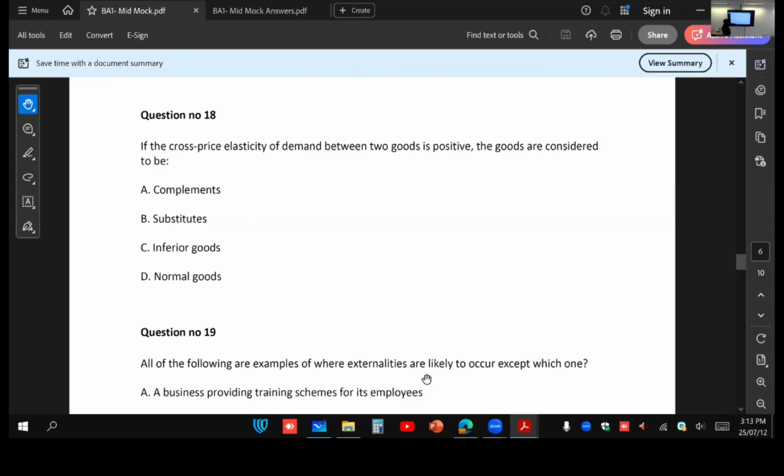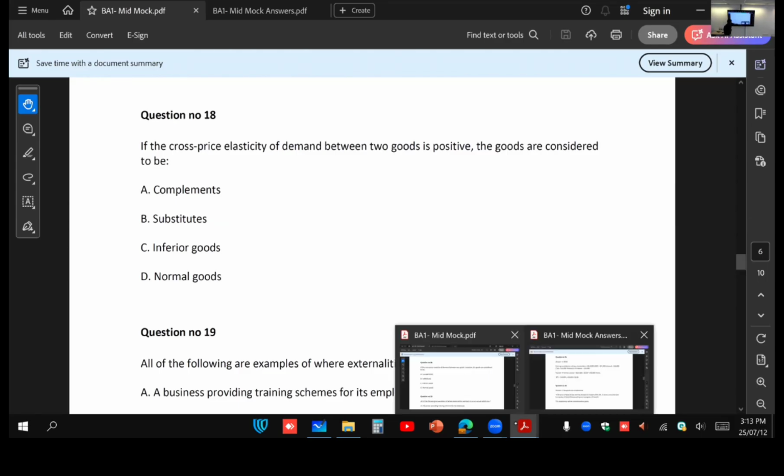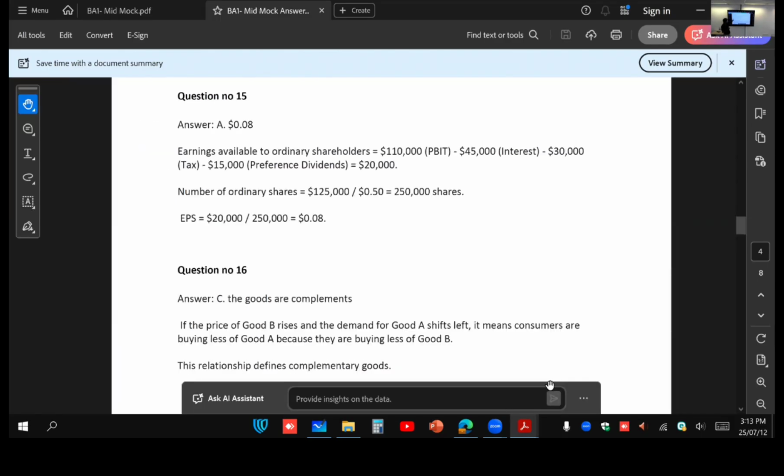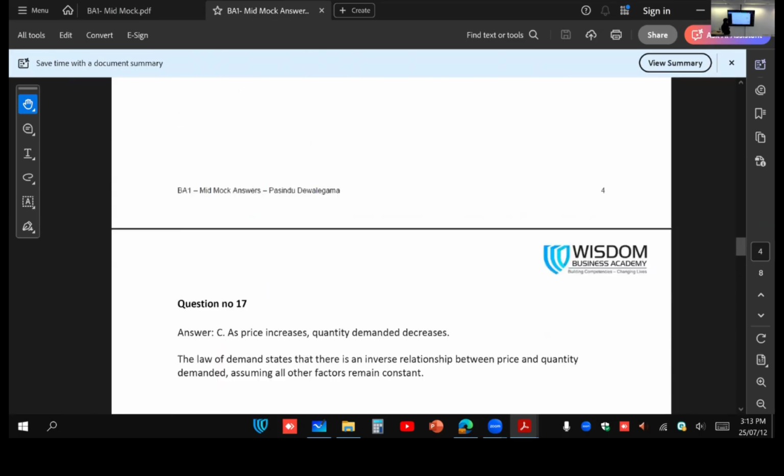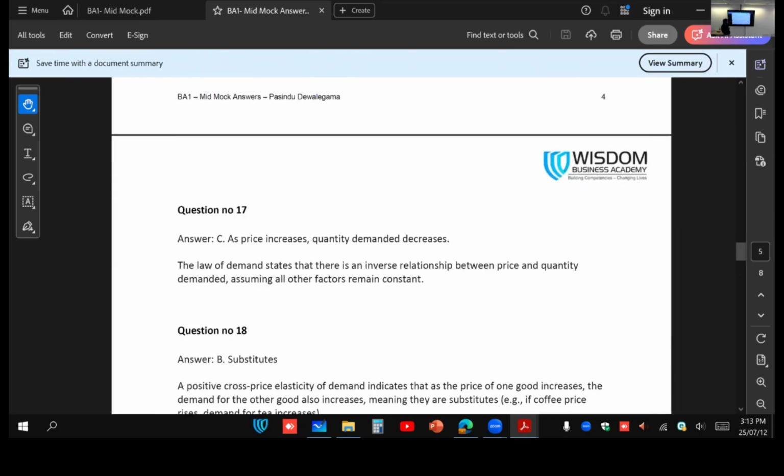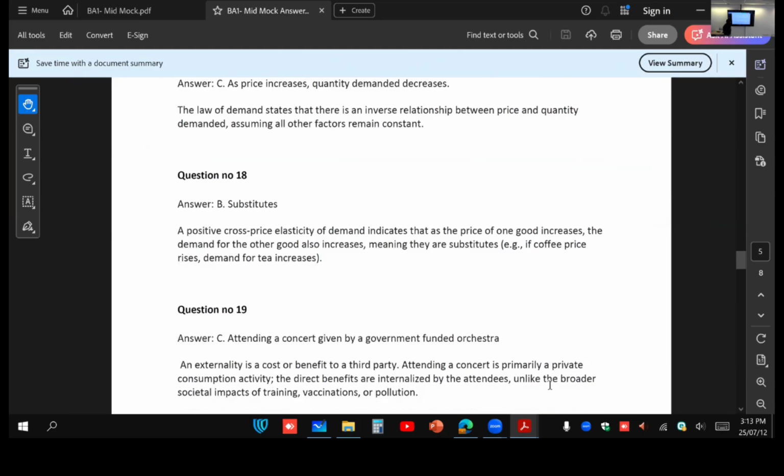You see, have they given any explanation? Positive cross price elasticity of demand indicates that as the price of one good increases, the demand for the other good also increases. In exchange rates, you might have heard of cross exchange rates.